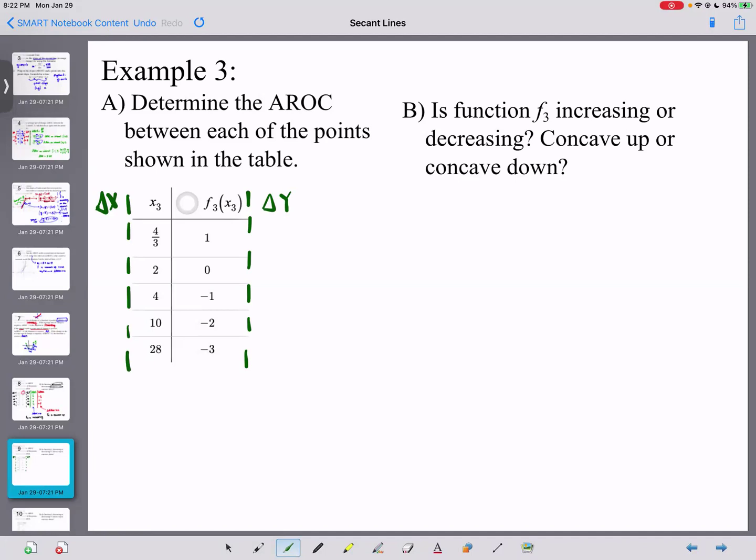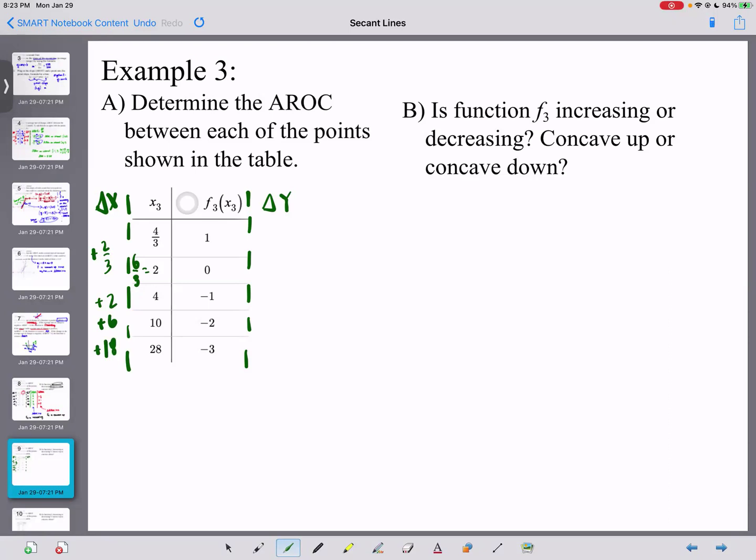Now 4/3 is like 1.333, or you can think of 2 being the same thing as 6/3, if you had the denominator 3. So I first increase by 2/3 to go from 4/3 to 6/3. And then from 2 to 4, I increase by 2. Then from 4 to 10, I increase by 6. And then from 10 to 28, I increase by 18.